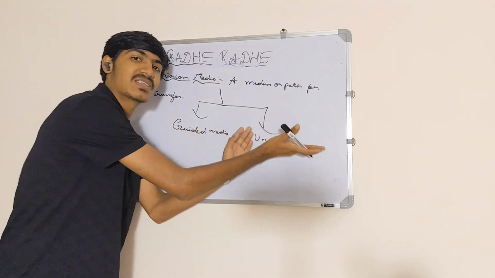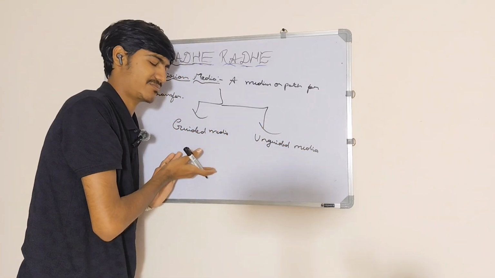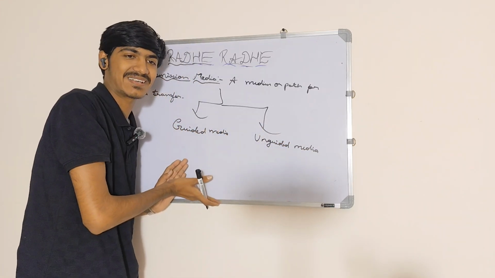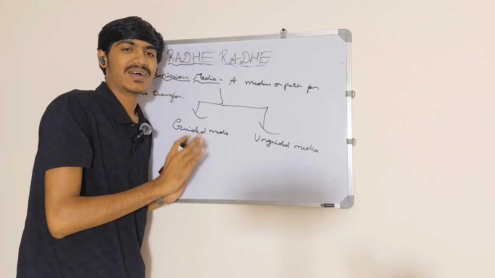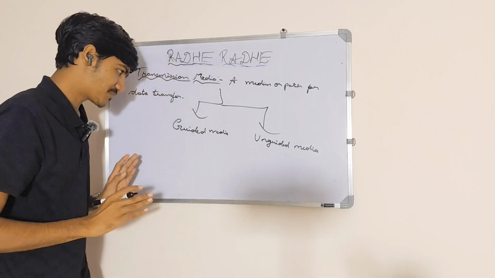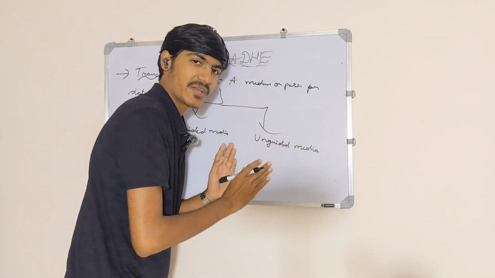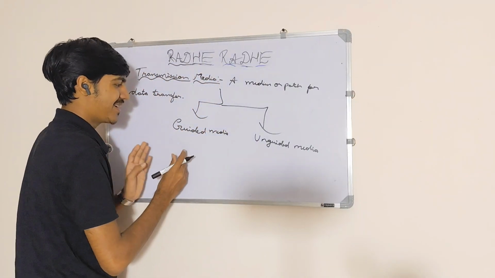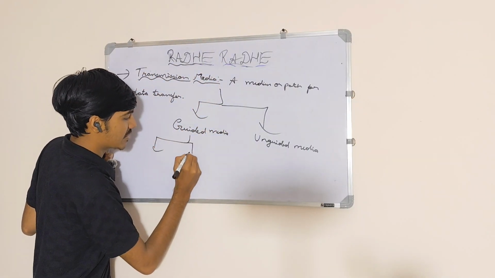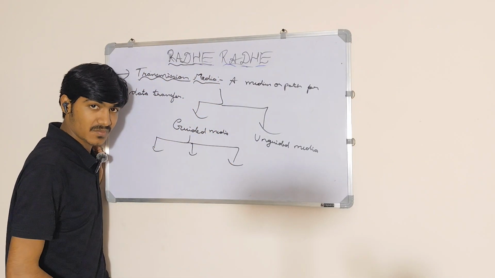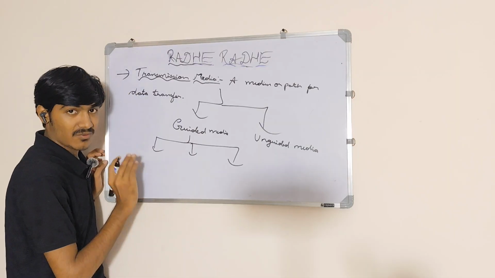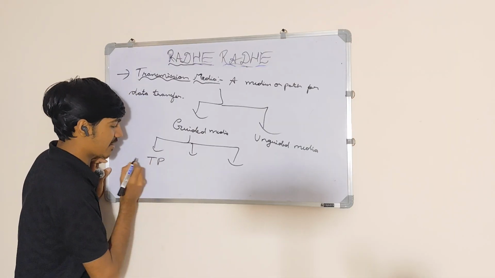Now, in these two, again there are categories. Actually there are five at the industrial level, but at the college level there are three, and I will teach only three. In unguided media also there are three. So guided media is again of three types. First one, twisted pair.